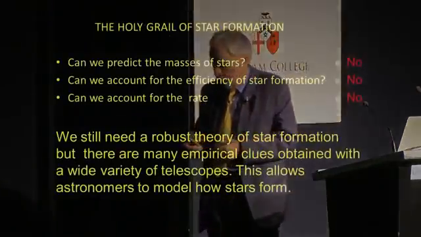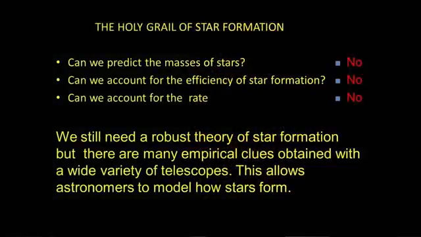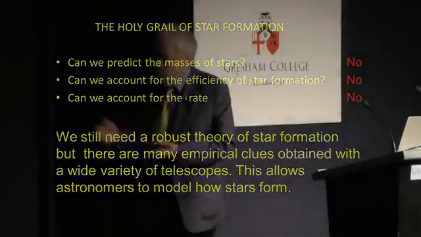So what do we do in the meantime? Okay, in the meantime, we need this robust theory. And what we do is we use all the clues that we can obtain with a telescope. So we can look into regions, and now in the infrared we can probe deeply into the regions where stars are forming, and we can see these things, and so we can build together empirical models, right?